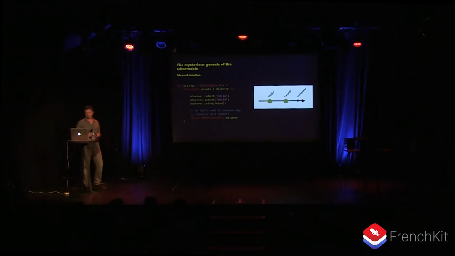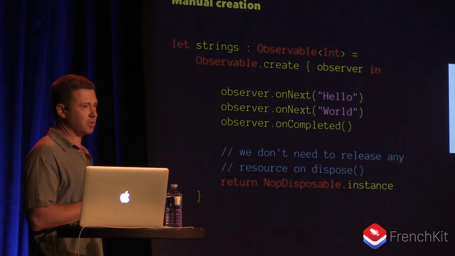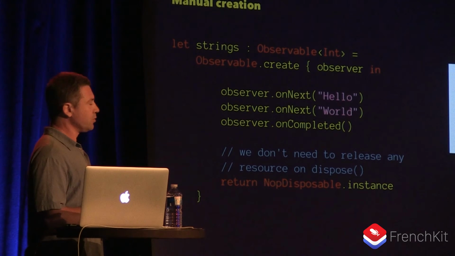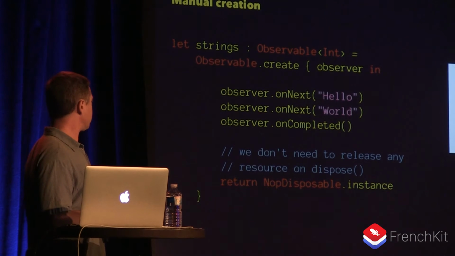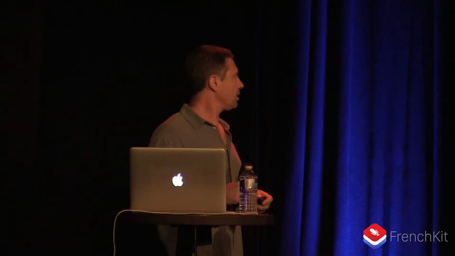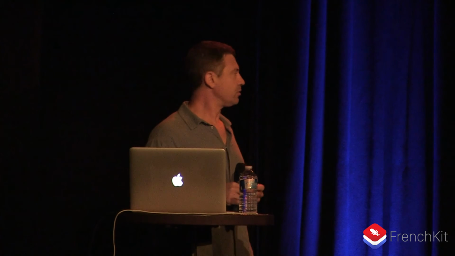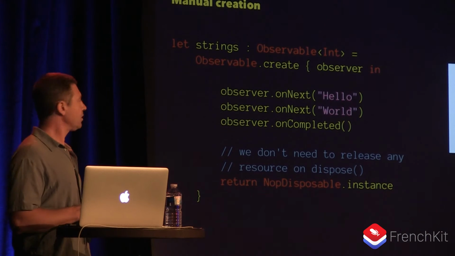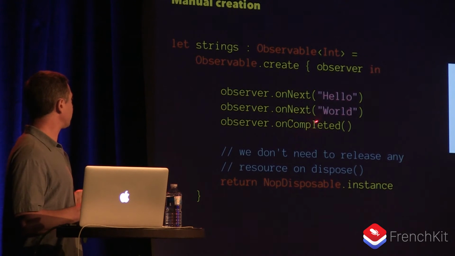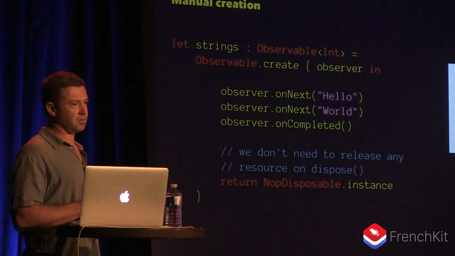Now, you can also create sequences manually. It's a bit more complicated than just simply using an extension, but it's not a big deal. What you do is you create an observable using the create method, which takes a closure, and this closure gets called every time someone subscribes to your observable. In this example, I will just send two strings, 1 and 2 here, and then I complete, which means that the sequence ends.